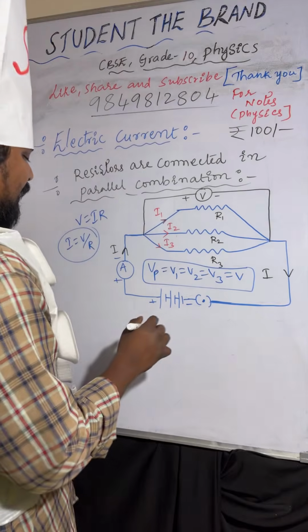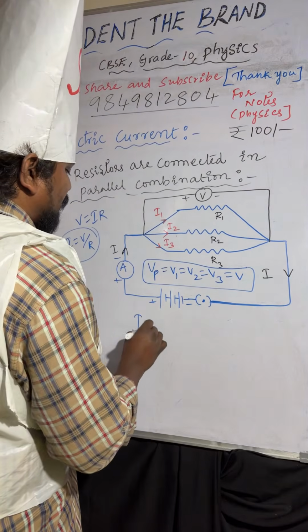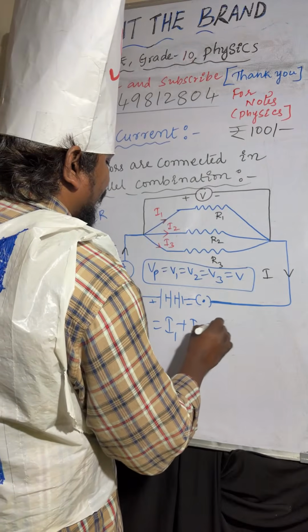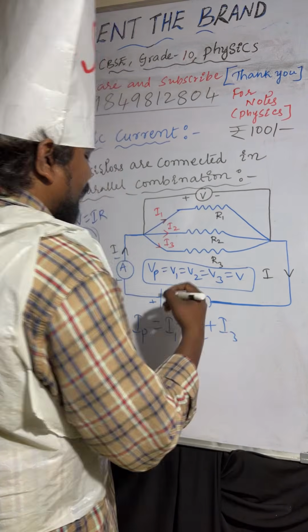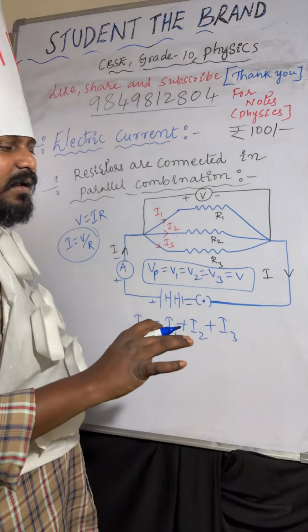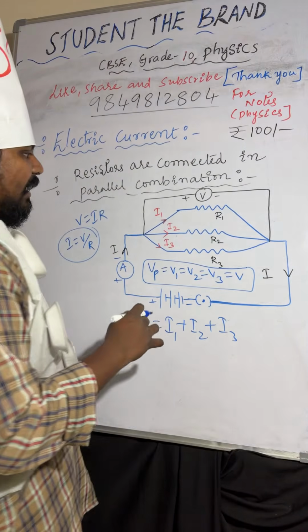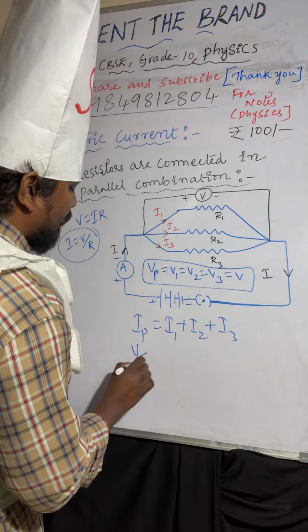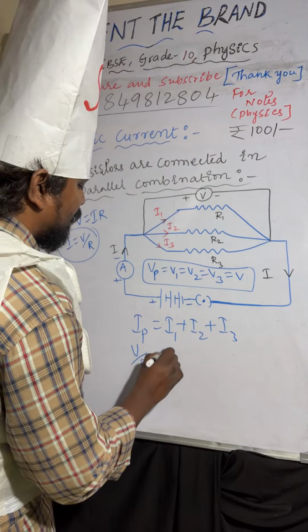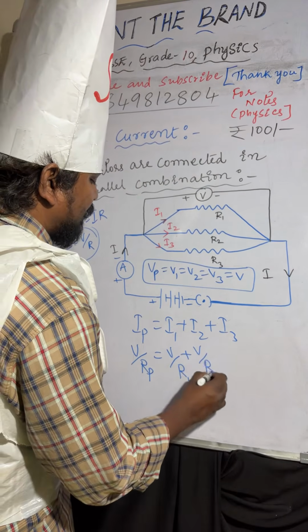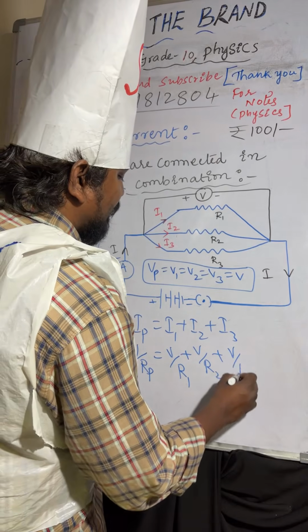Now you can see Ip equal to I1 plus I2 plus I3. Understood or not? Your current is flowing, it is dividing, right? V by Rp equal to V by R1 plus V by R2 plus V by R3.